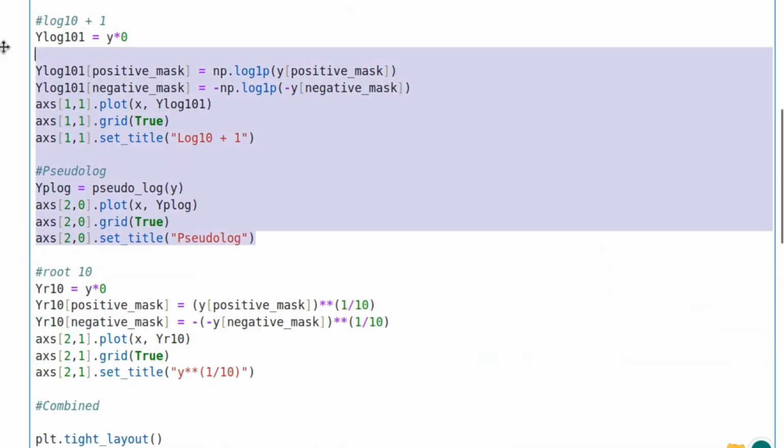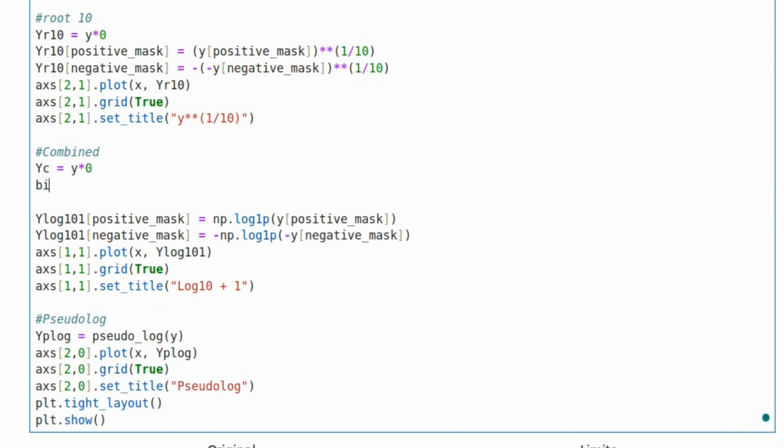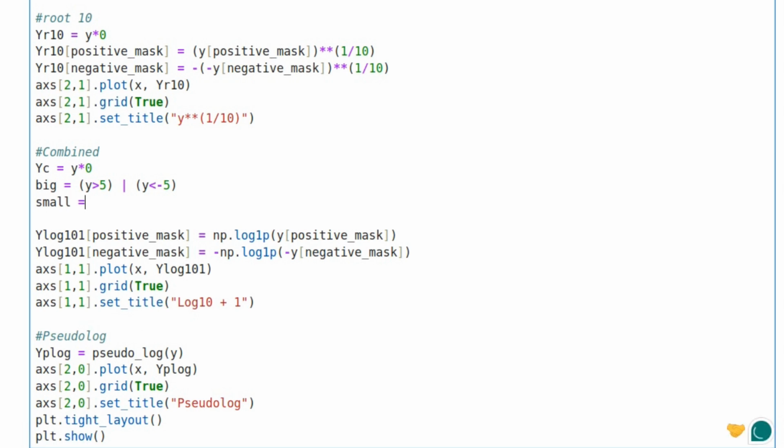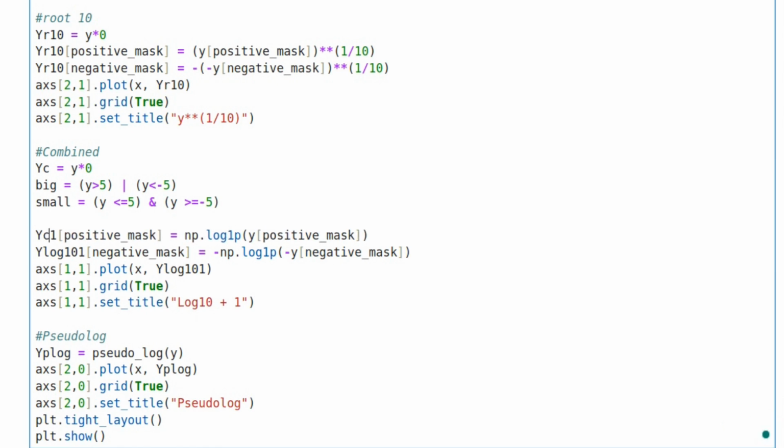And last, you can use a combined graph where you use some combination of different scalings. For example, for big values, where y is bigger than 5 or smaller than -5, you use the logarithm, and for small values you just plot y by itself. Let's see what happens.